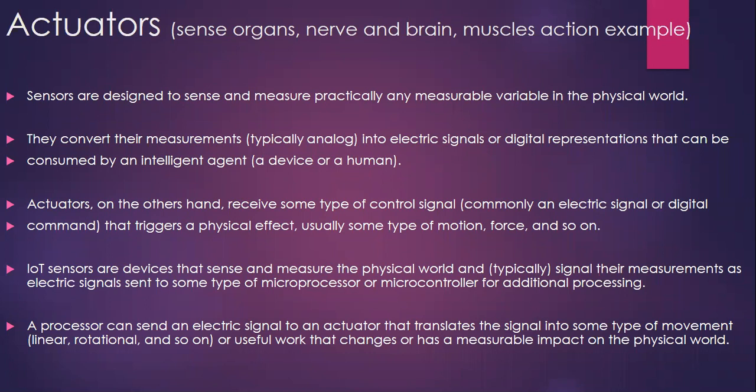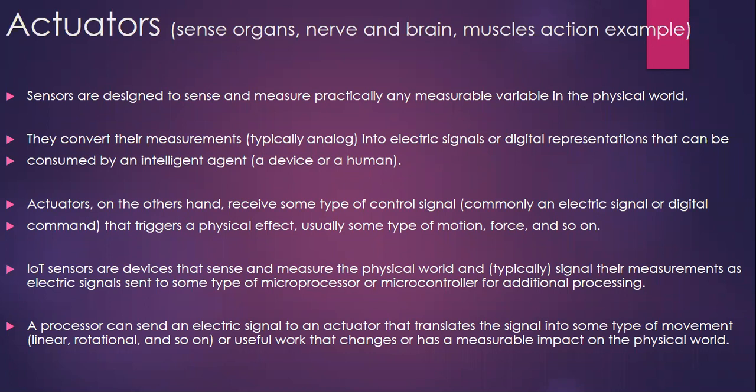Now, the actuator on the other hand receives some type of control signal. Observe it very carefully. The sensor will be sending information towards the cloud, the application layer. From the application layer, the signal will be received by the actuator.